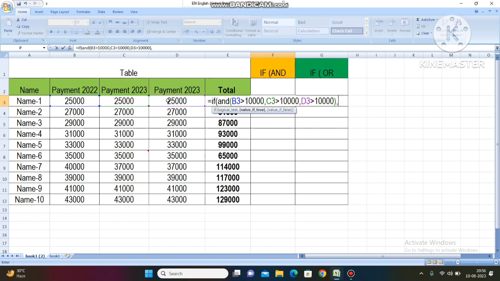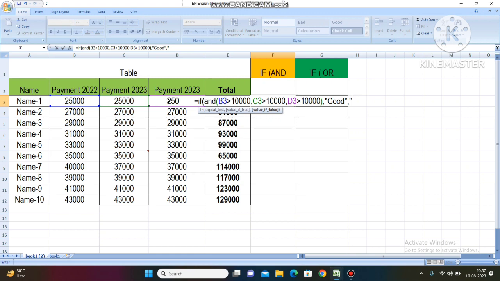After that, if you want a true value, then you may write a quotation sign and put here good. Then you have to close it with a quotation sign as well, and after that you have to put here a comma, then again you have to put over here a quotation mark.